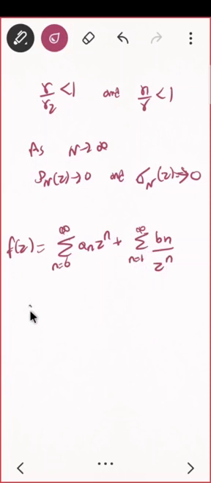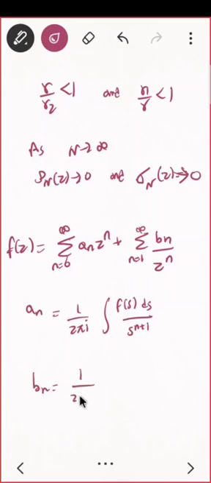And what are a_n and b_n? a_n is 1 upon 2 pi i integral f of s ds upon s raised to n plus 1, and b_n is 1 upon 2 pi i integral f of s ds upon, it will be s raised to minus n plus 1. Correct? And this was over c2 and this was over c1. a_n was over c2 and that is clear, because s minus z, there is no problem in this.